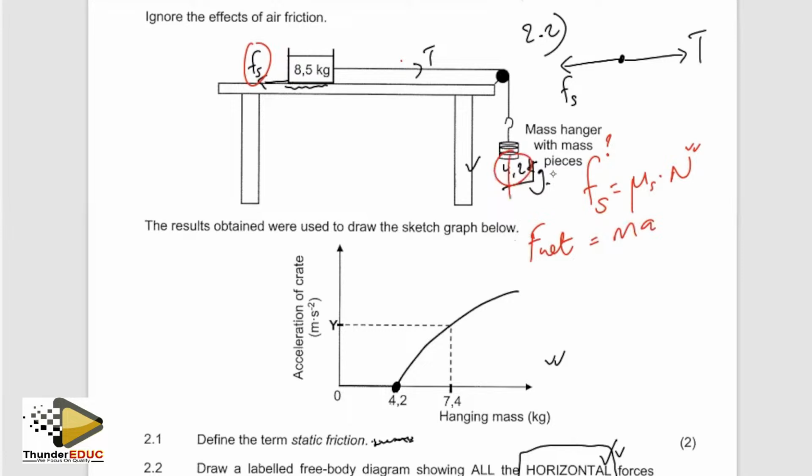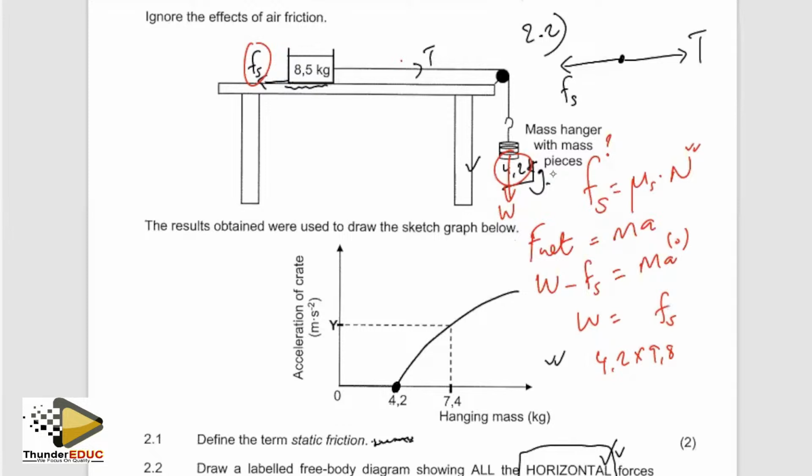So if I look at the weight that is acting downwards, it's going to be the weight minus the Fs should give us the mass and the acceleration. But we know that the system is not moving, which means our acceleration is going to be 0. So the weight should be equal to the static friction force, which weight is 4.2 multiplied by 9.8.